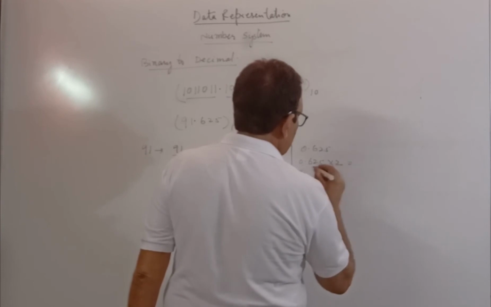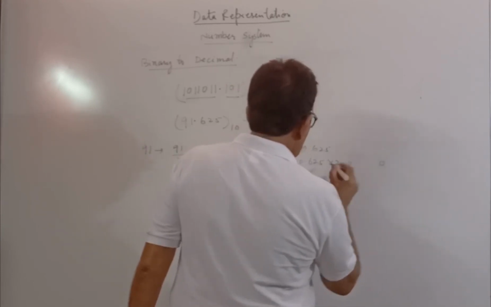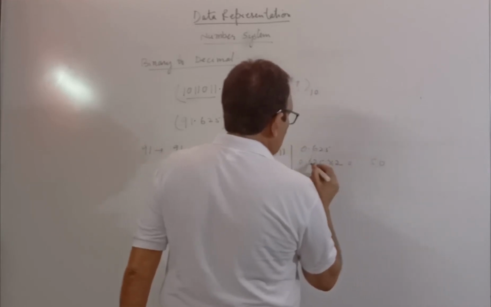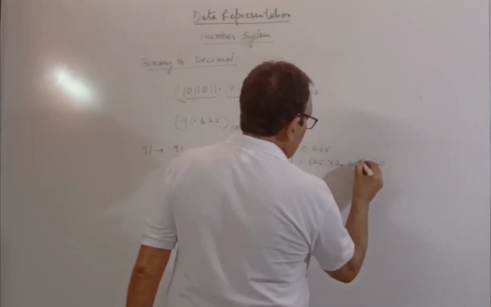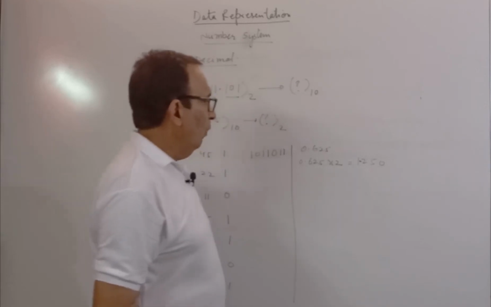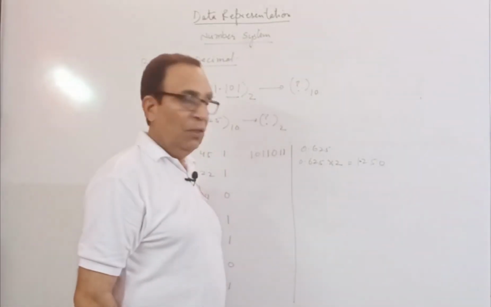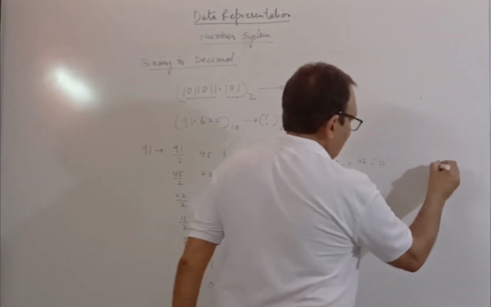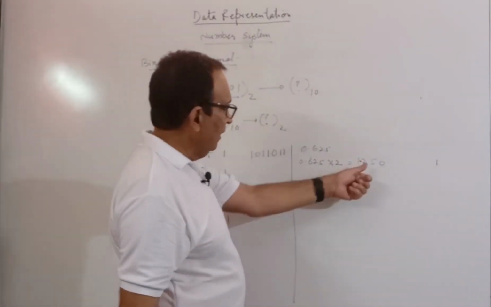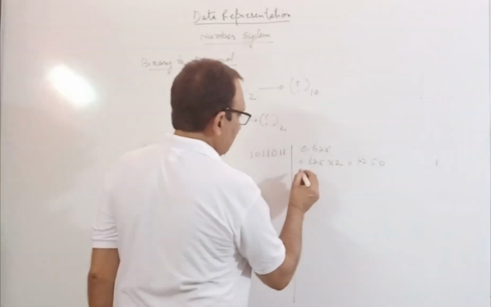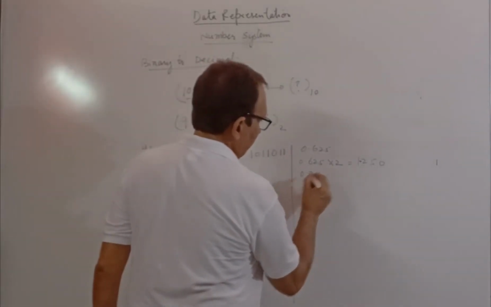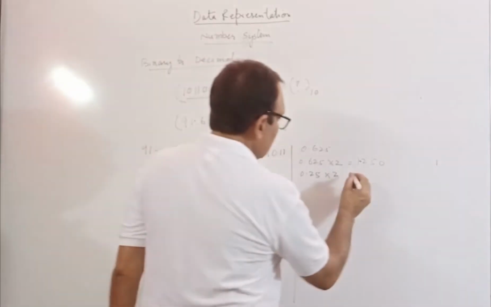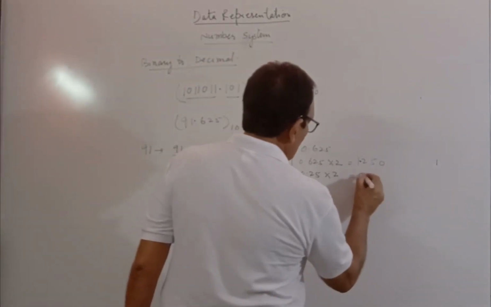It comes 1.250. So what comes before the decimal, you write that separately. And take the decimal part again, that is 0.25. Multiply it by 2, it comes 0.50.